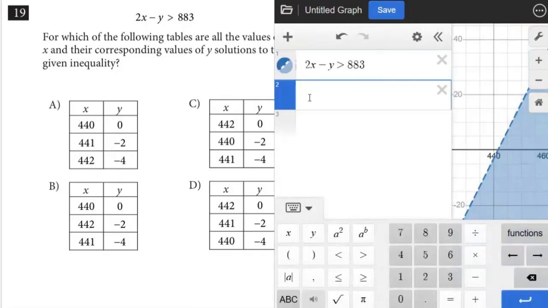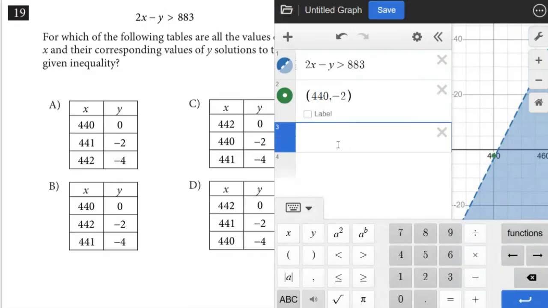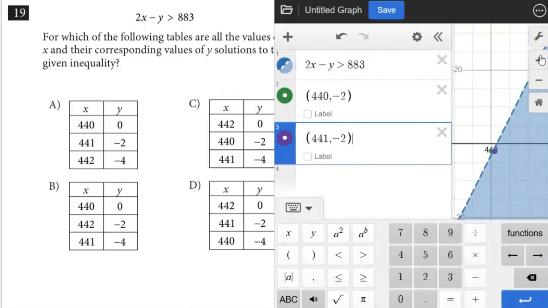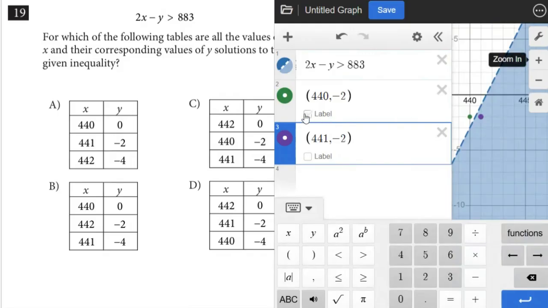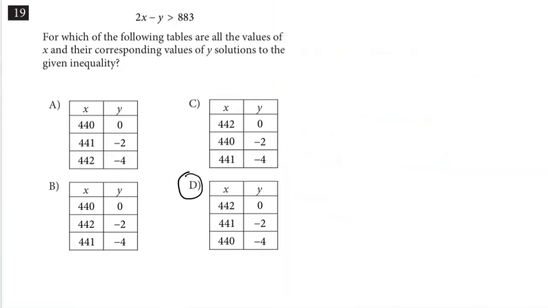So let me just check 440 and -2, and 441 and -2. Let's see which one is actually, oh, you can see that this C has one point which is not in the required region. So D is the correct answer.